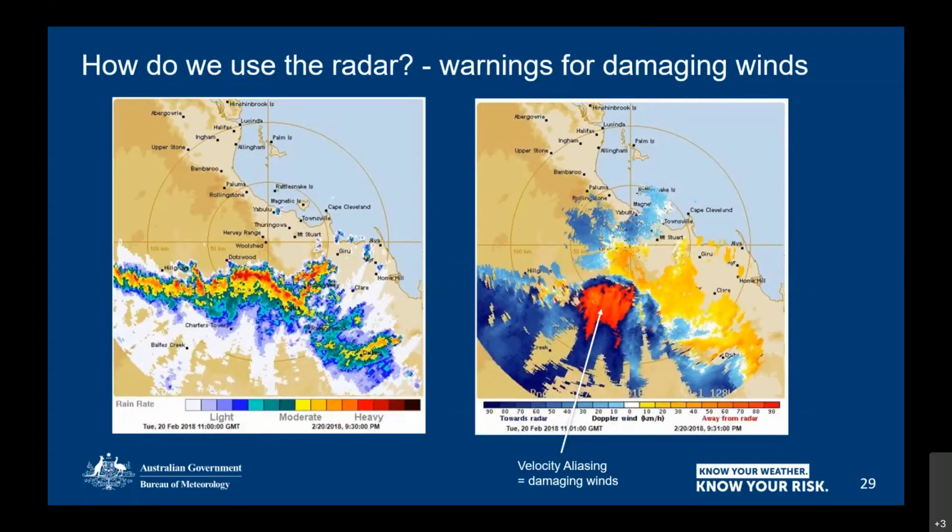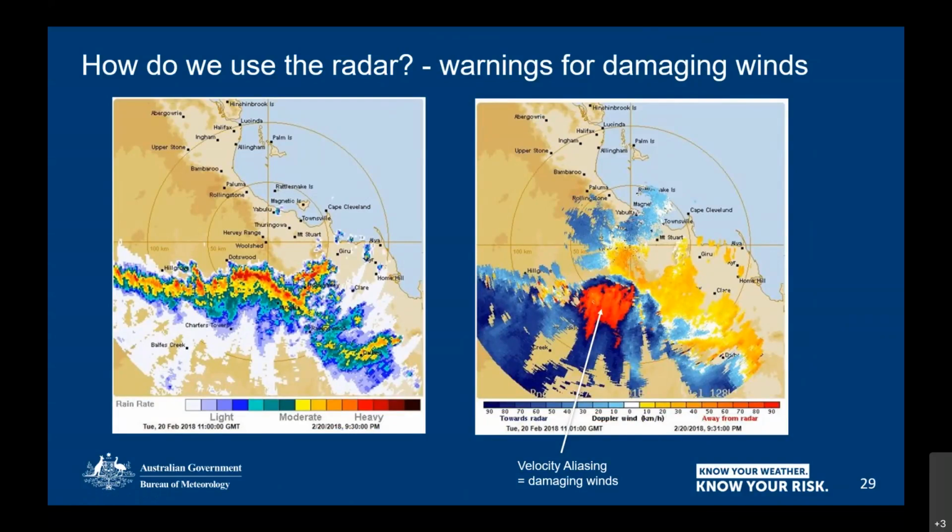Another way we can use our radar is the detection of severe phenomena, one of them being damaging winds. Our Doppler imagery here on the right-hand side has a scale. If you look at the scale down the bottom, it's in kilometres per hour. And if we go all the way through to these dark reds, we've reached 90 kilometres per hour. What happens with our Doppler radars is they have a threshold.